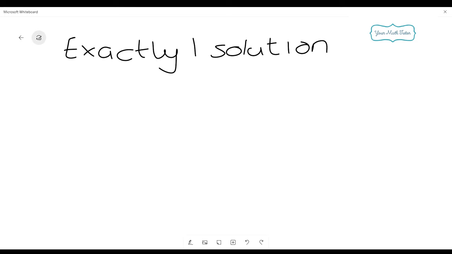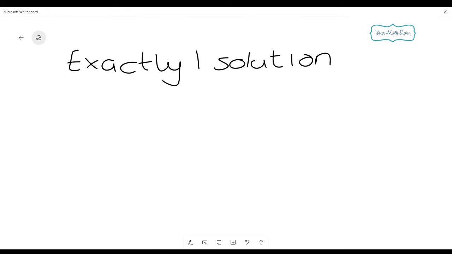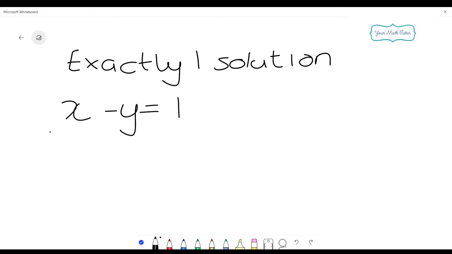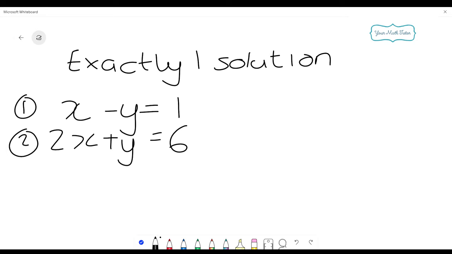Say we have a system of equations as x minus y is equal to 1 and 2x plus y is equal to 6. So we're going to refer to this as equation 1 and that as equation 2.